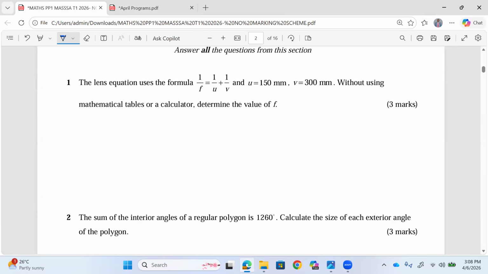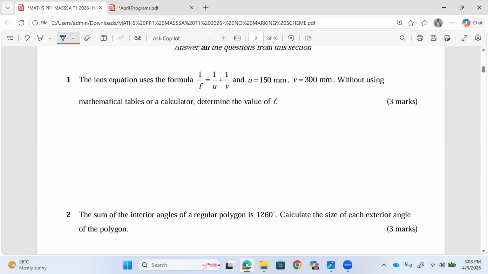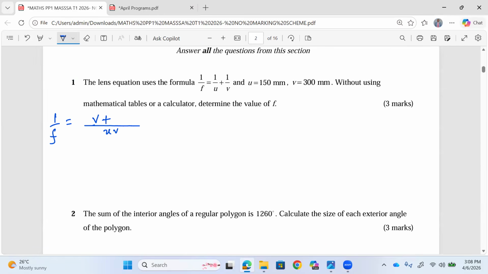In this way, from the right hand side, we can start with the LCM. We already have 1 over f equal to, now we combine this, uv becomes our LCM. So uv divided by v gives us u. Okay, we divide by u first, we get v, times 1 plus uv divided by v, we get small letter u.